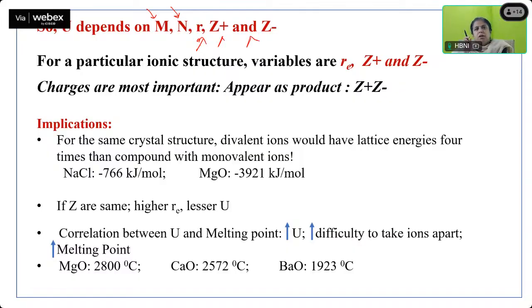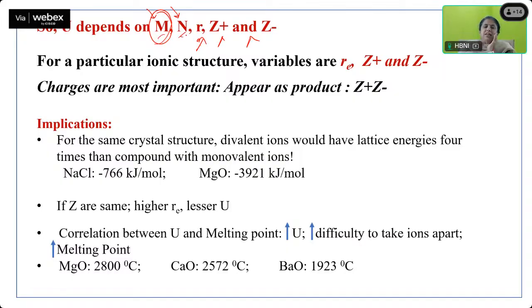Now suppose we are talking about a particular crystal structure and we are trying to compare two compounds, let's say MgO and NaCl. For a particular ionic structure, both of them adopt rock salt. M would be equal because this is the Madelung constant. We determined it by virtue of their positions, and if the crystal structure is the same, it would be the same.